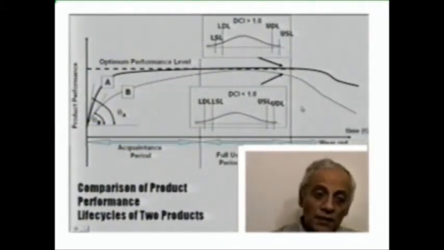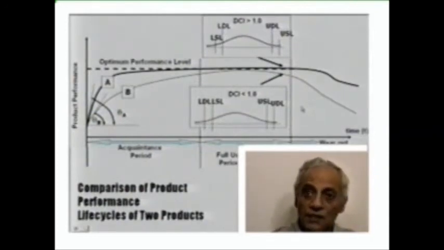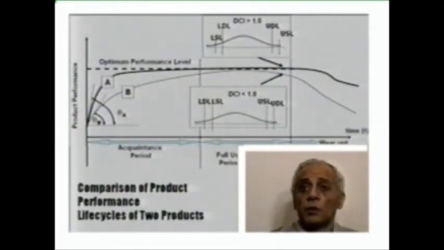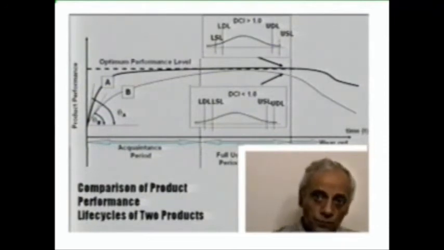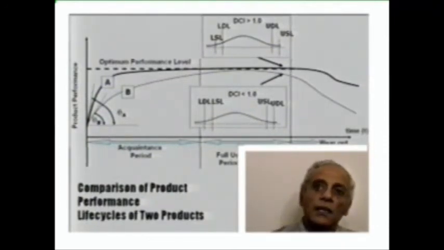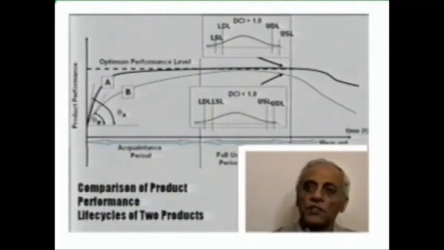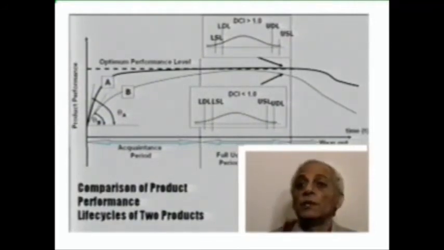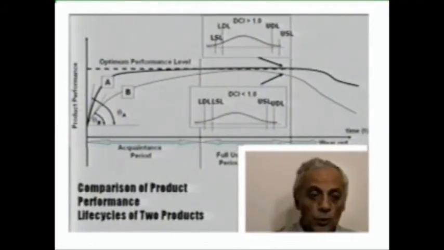So here is another aspect of the design capability index. Quite often a misuse of the device will result in a poor design capability index, simply because in the initial design we did not make sure that the product is easy to use, because if it's not easy to use, it will be easy to abuse.